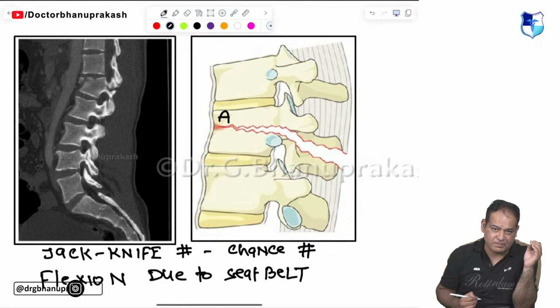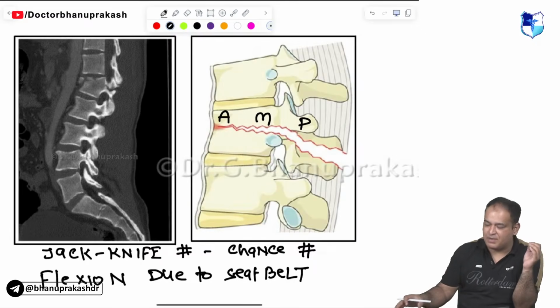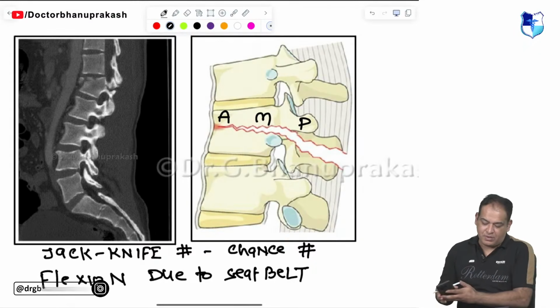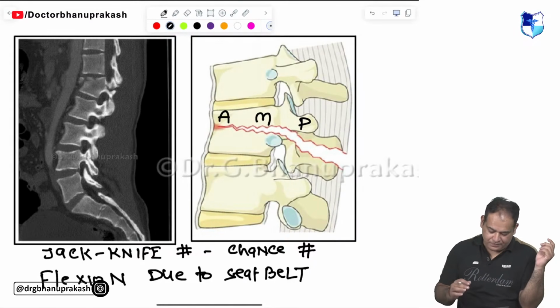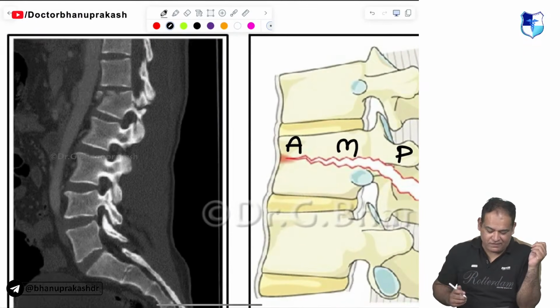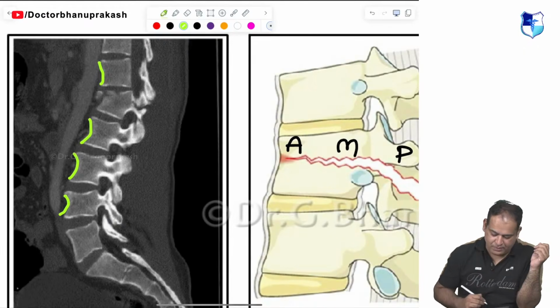Anterior part of the spine fractured. Middle part fractured. Posterior part fractured. Every part of the spine is fractured. This is an extremely unstable injury, right? Now, how do you see that there is a fracture? Dekho, normal, normal, normal, normal.